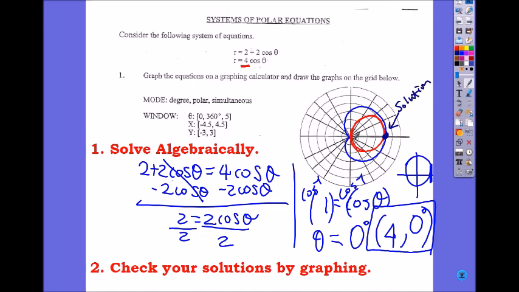You see how it looks like it crashed at 0, 0? But it might not necessarily be 0, 0 because it could be 0, 90. It could be another radius at 0 or another angle at 0. So these points where they both still go through are called common points.